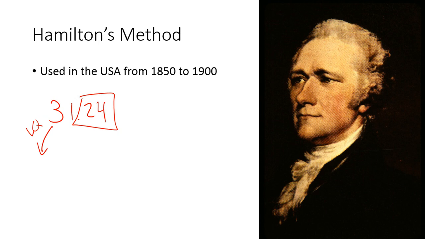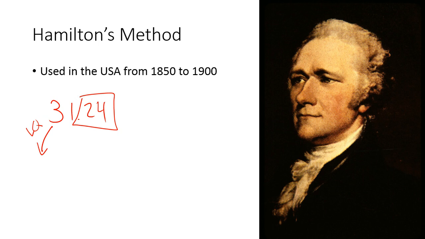Okay. Now this method was used from 1850 to 1900. It wasn't used early on because Jefferson's method was used when Hamilton actually originally brought this up. But later on in 1850, it was brought up. It was like, well, this seems pretty fair. It seems like it's going to work out, and it was used for 50 years, whenever the census is.